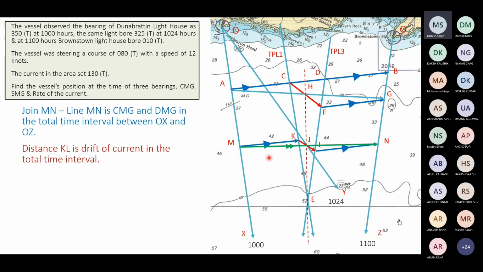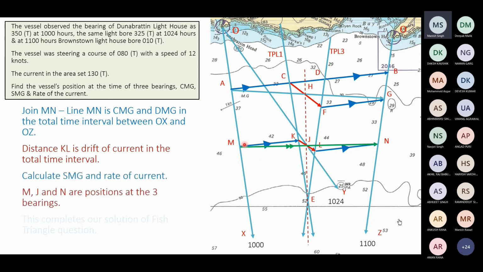And point M, which we have here, is my initial position at 1000 hours. Point J, which I have here, is my position at the time of middle bearing, that is 1024 hours.